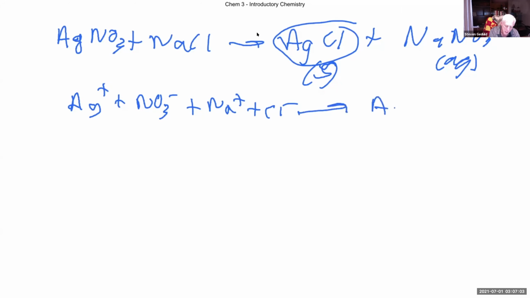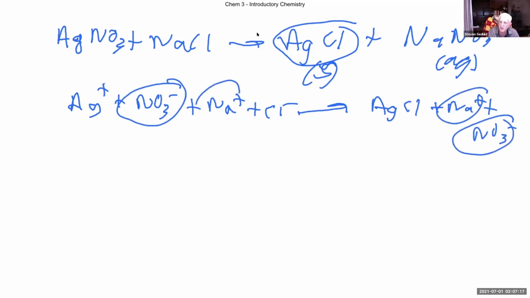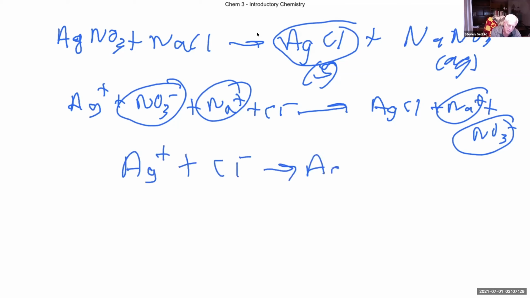AgCl does not break apart, forms a solid, plus Na plus NO3 minus. Now remember, you got spectator ions, which in this case is NO3 minus, same on both sides, and Na plus. So those are your spectator ions, which you'll have to identify on the midterm. You'll have one equation to identify spectator ions. And your net ionic equation is Ag plus Cl minus goes to AgCl.